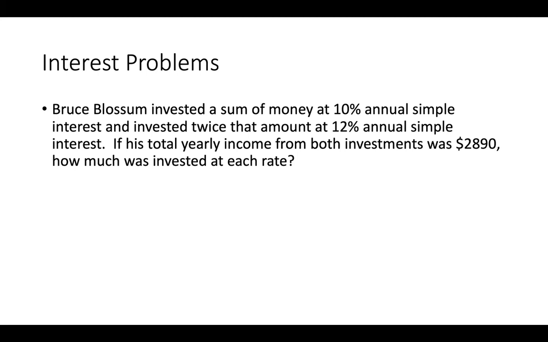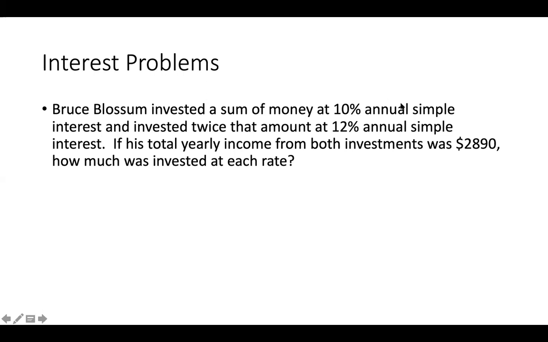All right, so this is probably a neighbor or somebody she works with. Anyway, Bruce invested a sum of money at 10% annual simple interest and invested twice that amount at 12% annual simple interest. If the total yearly income from both investments was $2,890, how much was invested at each rate?